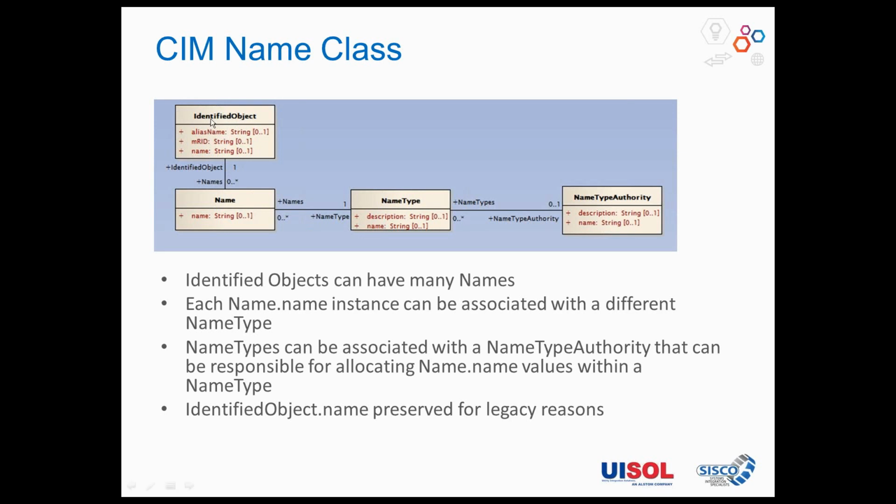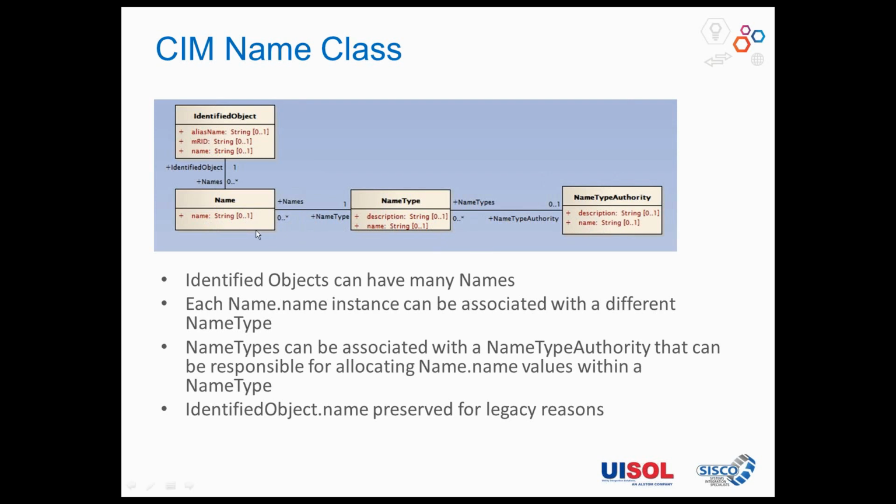So we kept identified object with these three in there, and then we added on a names class with a name in there, and a name type class, and a name type authority. Between these three classes, you actually can get uniqueness across the names. So the name is, for example, M12345.